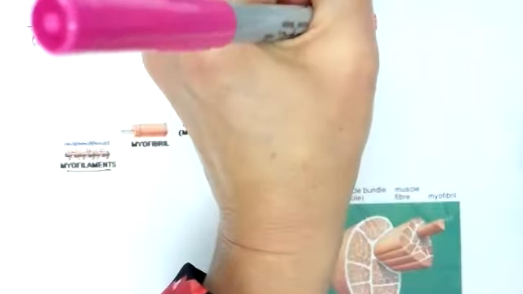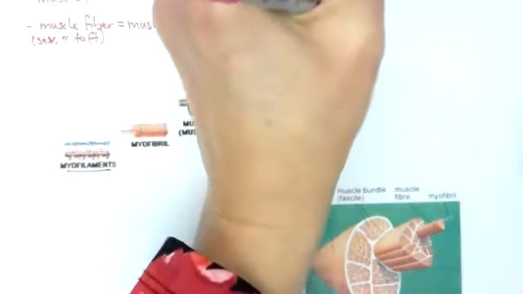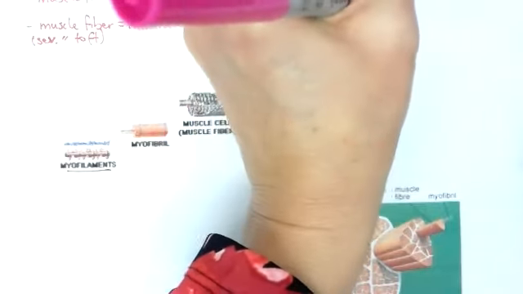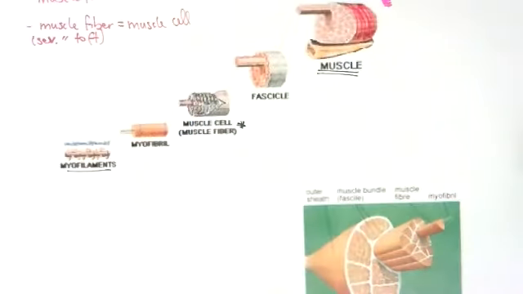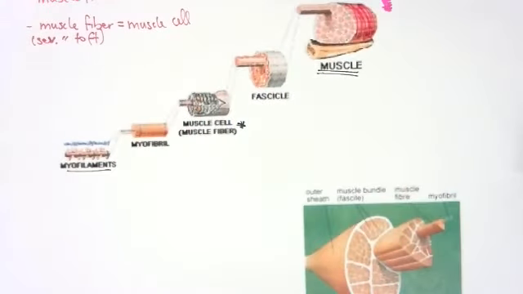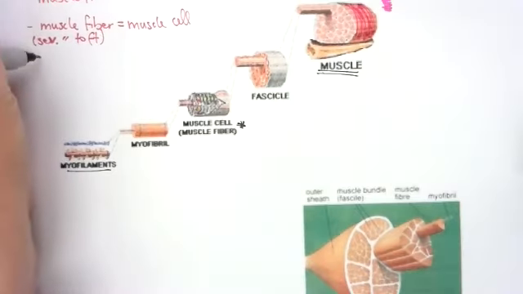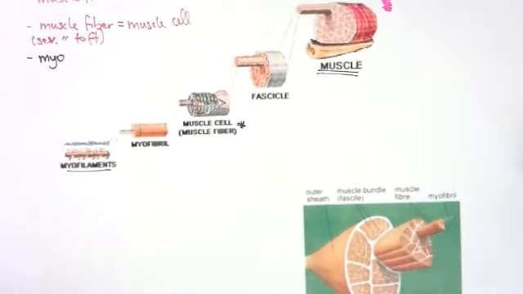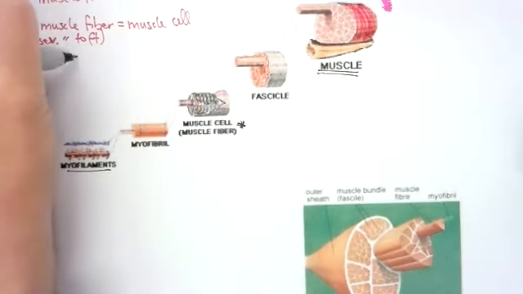You're going to see there's a membrane. I'm going to do this in pink. There's a membrane that wraps all the way around a muscle. And this membrane is called the, another thing you need to know, myo is one of our Latin terms for muscle.